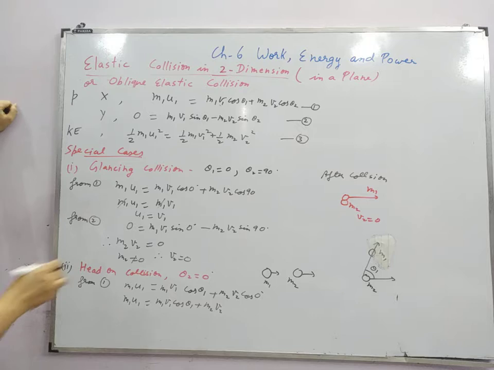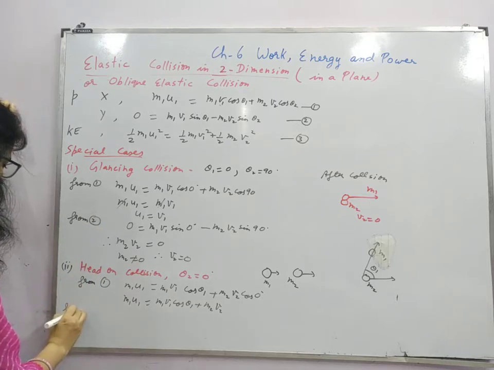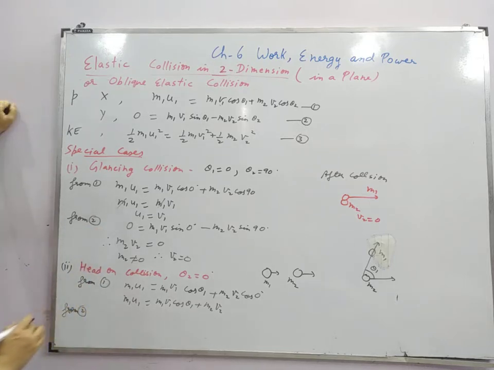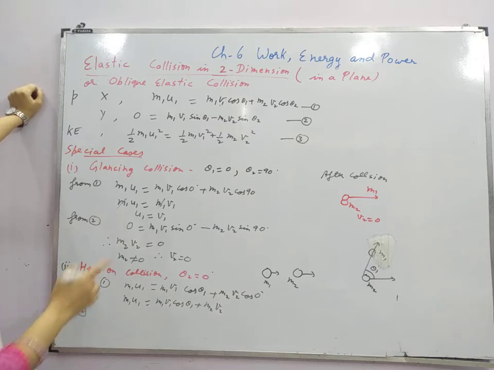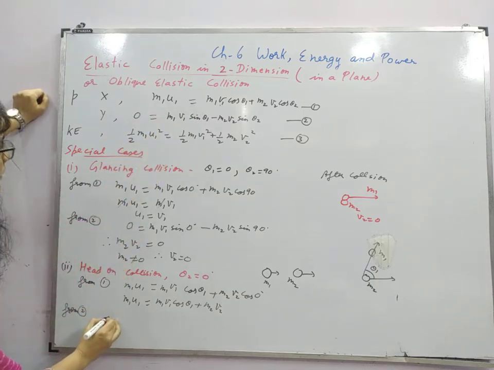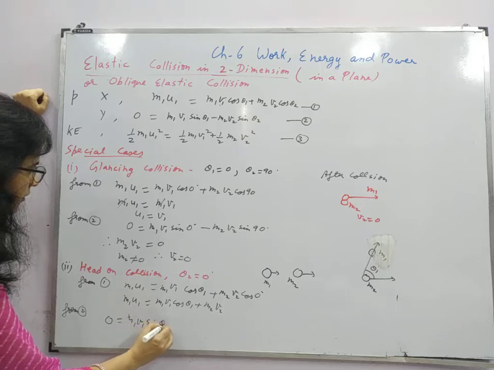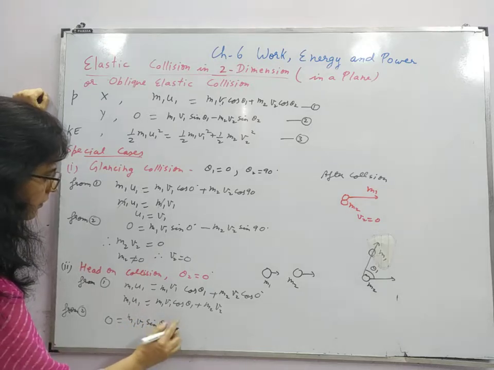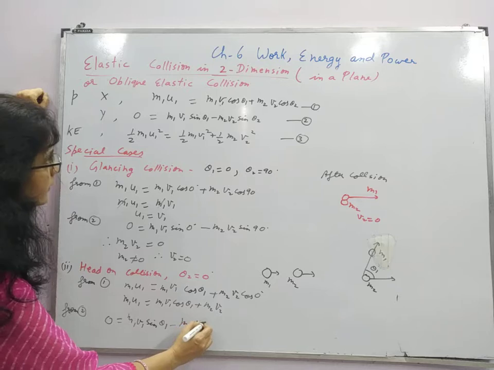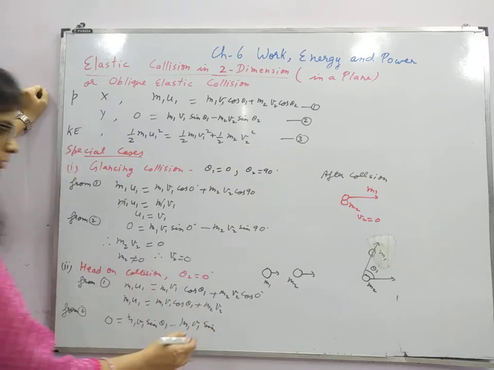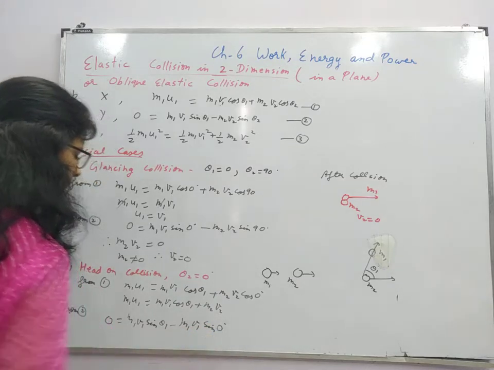And from 2 we can put this condition: 0 is equal to m1 v1 sin theta 1 minus m2 v2 sin theta 2, that is 0 degree.